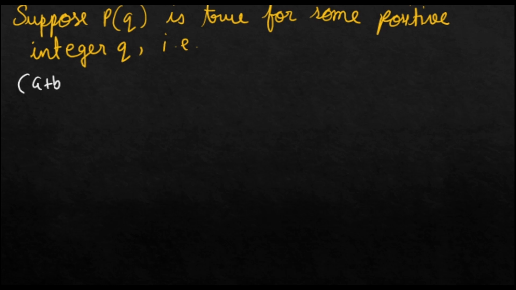A plus B, index is q, just expand it just like before, and we get qC0 a to the q plus qC1, as the index keeps decreasing for A, I will write a to the q minus 1 b.